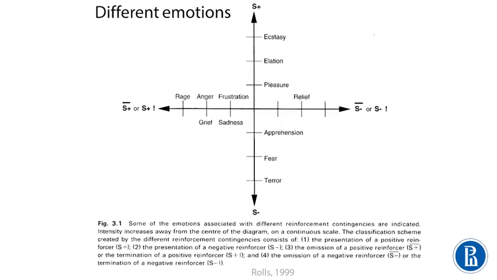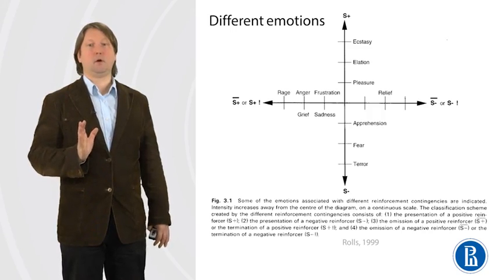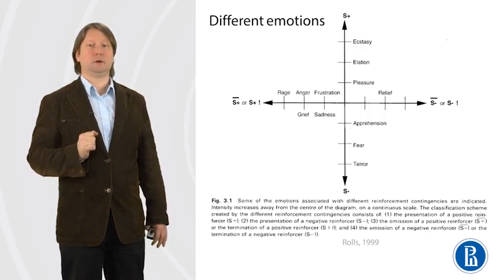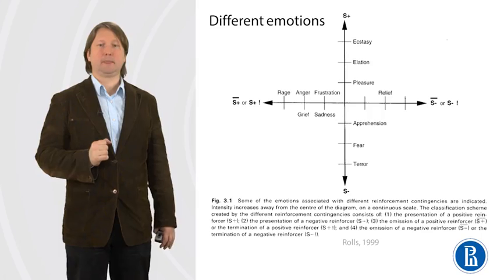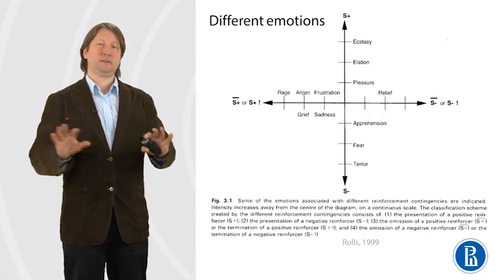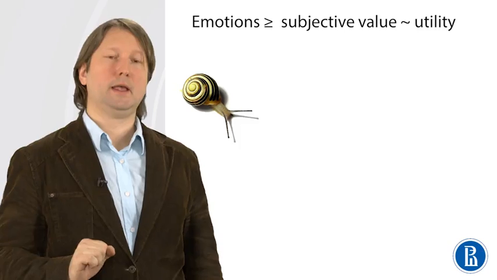Fear is experienced when we are punished, and terror is experienced when we are punished a lot. In the same way, we feel frustration if the reward is omitted, or we feel anger if reward is omitted. Or we can feel relief if the punishment is omitted. So indeed, within this definition of Edmund Rolls, we can fit the majority of emotions.